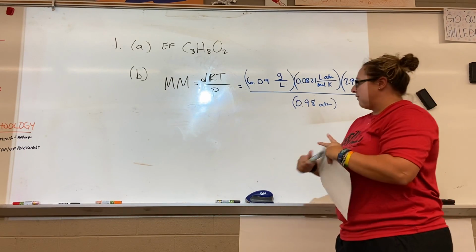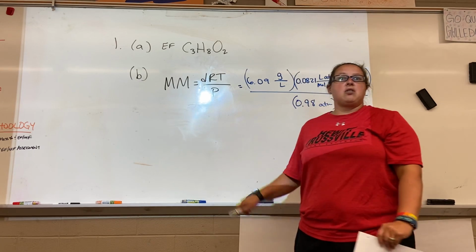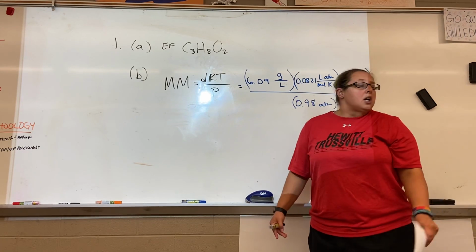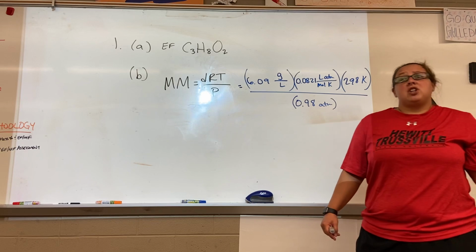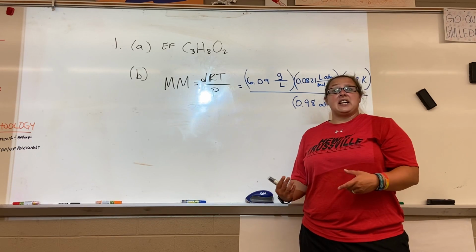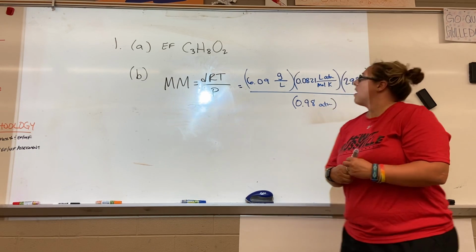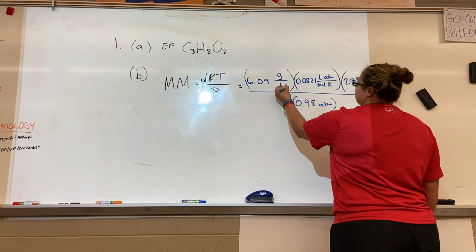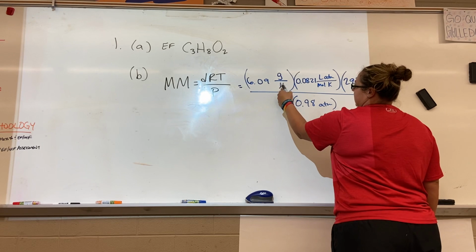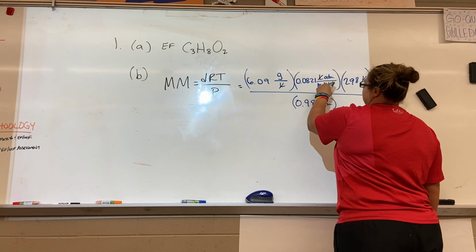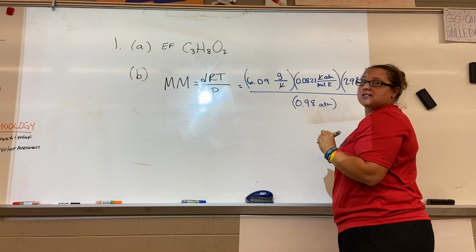So when we solve for this, we want to make sure that the units cross out properly. If we want molar mass, then the units that we should be given at the very end is grams over mole, grams per mole. So I have liters on the bottom here, and on the top of this division sign, so that cancels out.